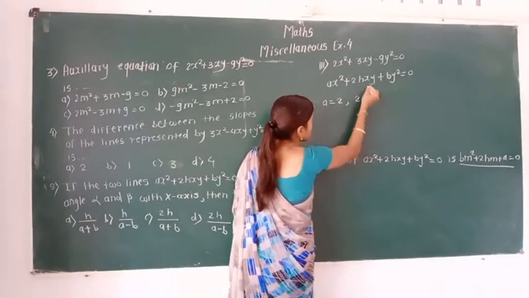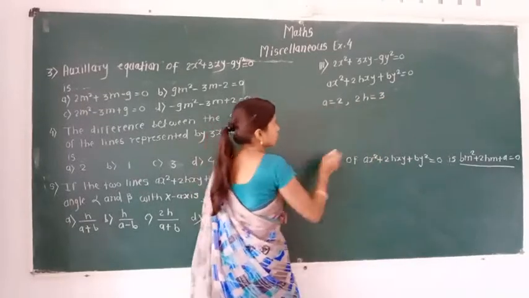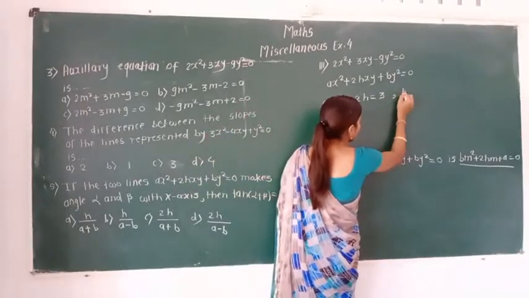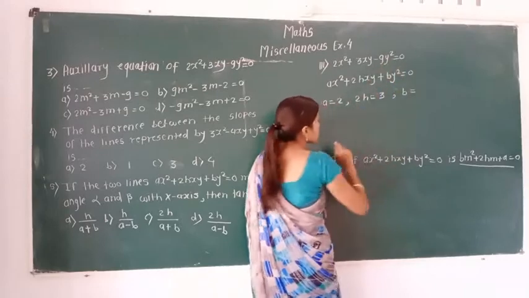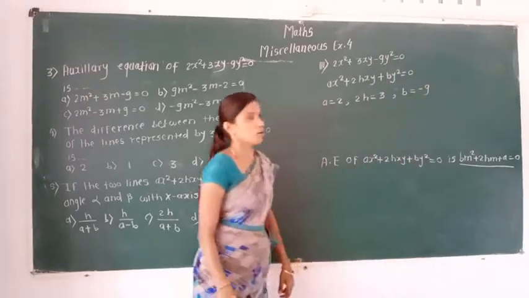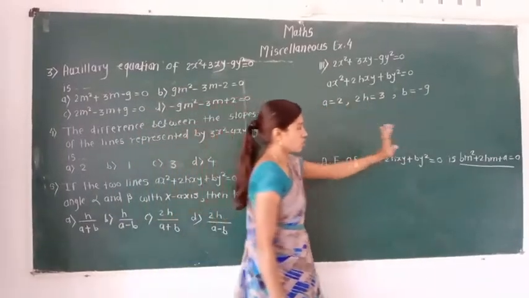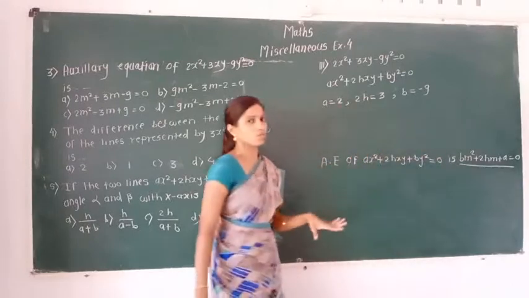2h is the coefficient of xy, here take 3, and the coefficient of y square is b, and in this equation the coefficient of y square is -9. Now we simply put all these three values in this equation and we get the auxiliary equation.